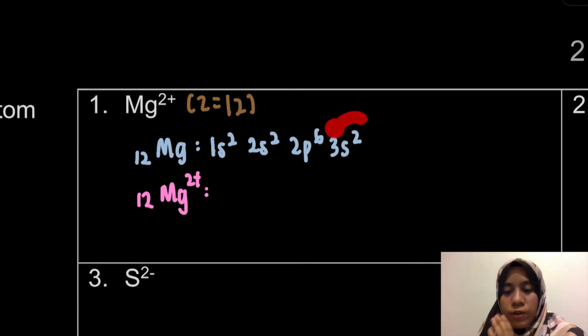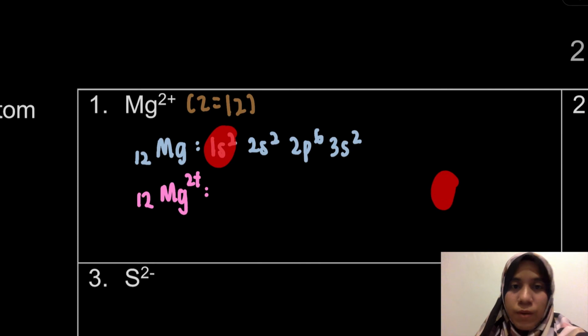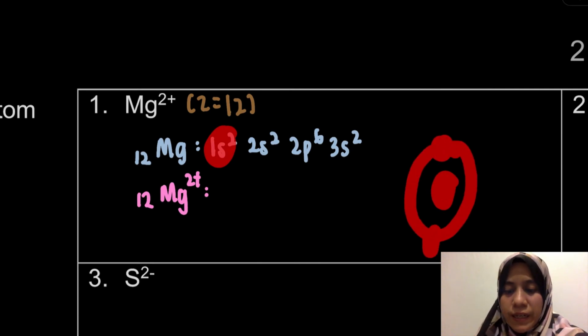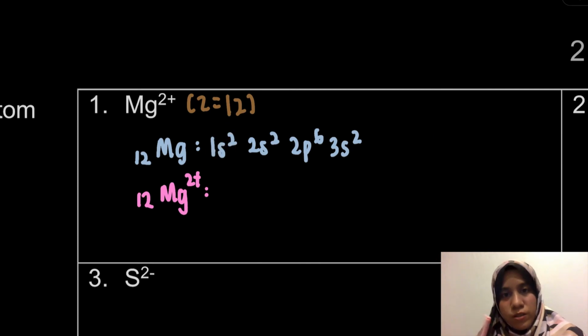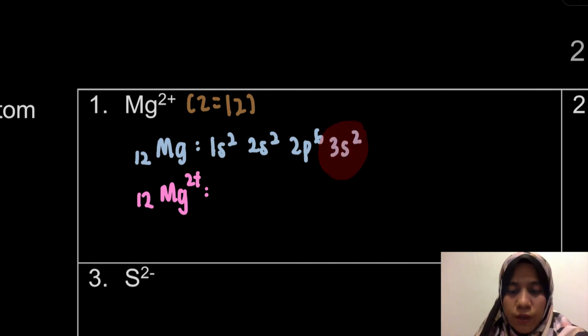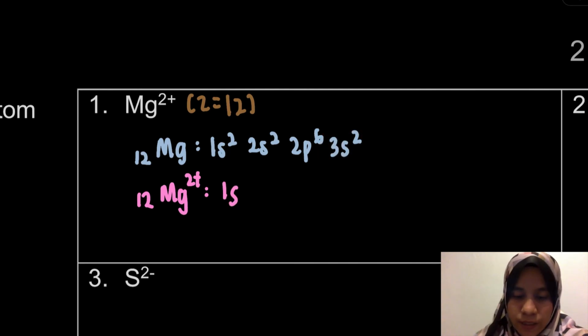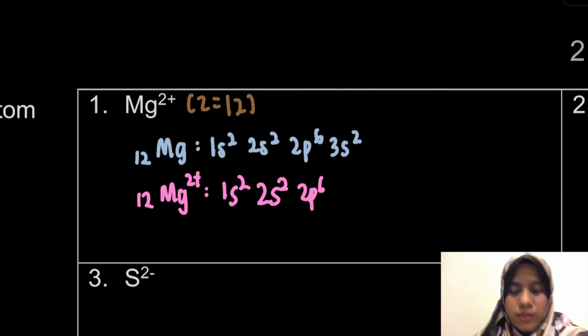So that's why we donate starting from n equal to 3, or from the question itself, the one with the highest n. So here it will donate the 2 electrons from 3s. You will not donate from 1s, because that is the closest to our nucleus, so the attraction is very strong. So it will donate 2 electrons from here, and it will become 1s2, 2s2, 2p6.